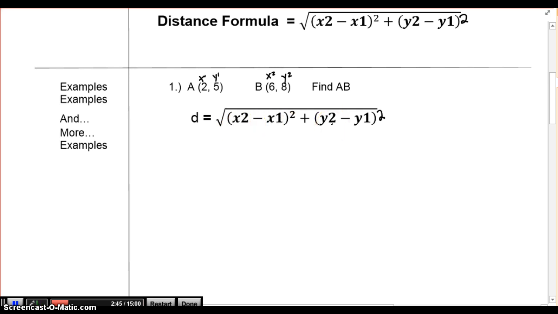So what I'm trying to say is that we're going to have d equals the square root. We have x2 first. X2 is 6 minus your x1, which is 2, squared, plus y2, which is 8, minus y1, which is 5.